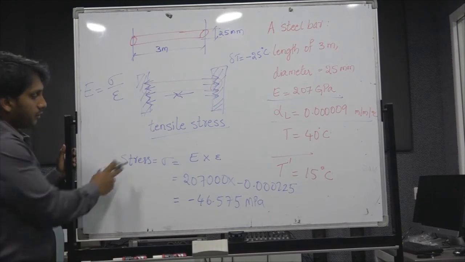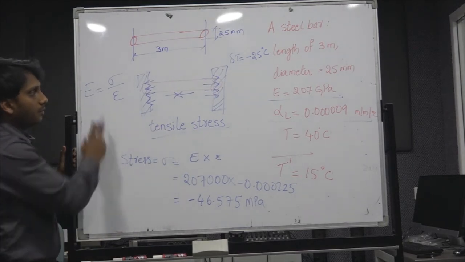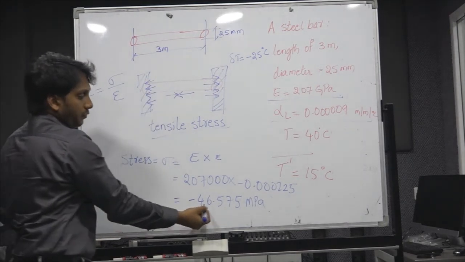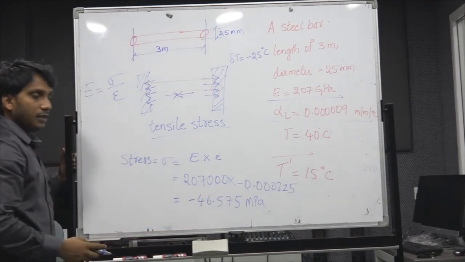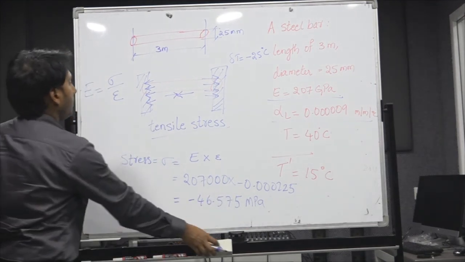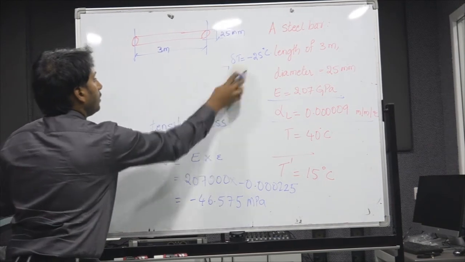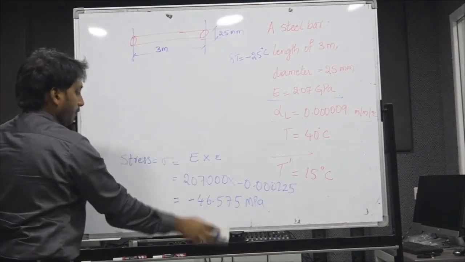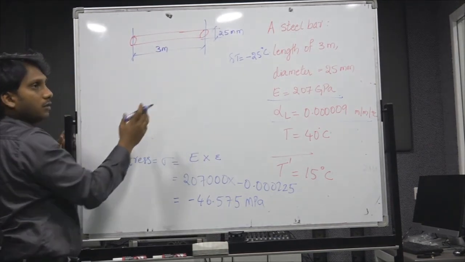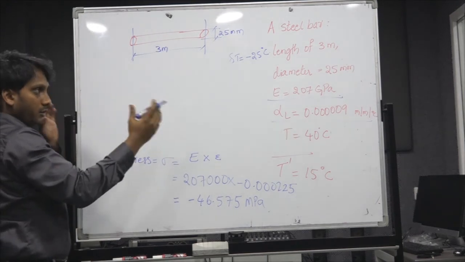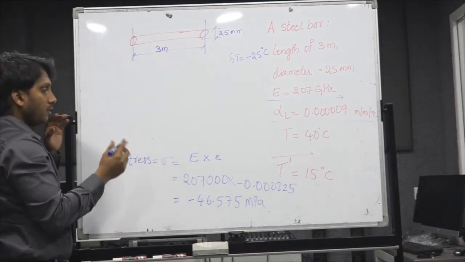So the stress developed in this bar, the tensile stress, is minus 46.575 MPa.